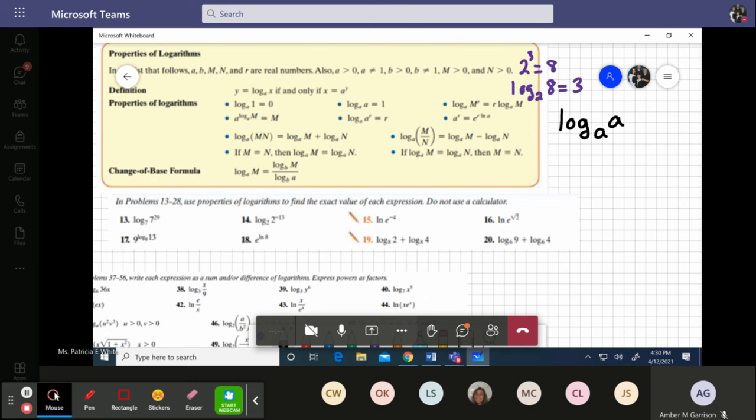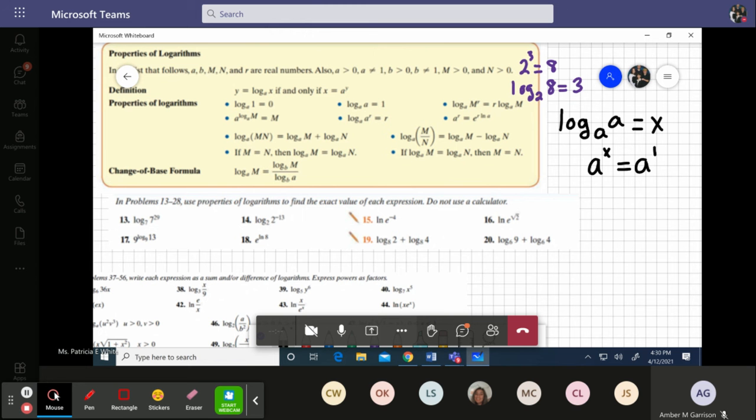Write this as an exponent. What would this look like? I'd set it equal to x, right? And then I would say a to the x equals a to the 1, right?